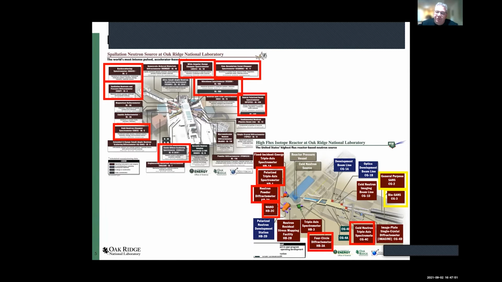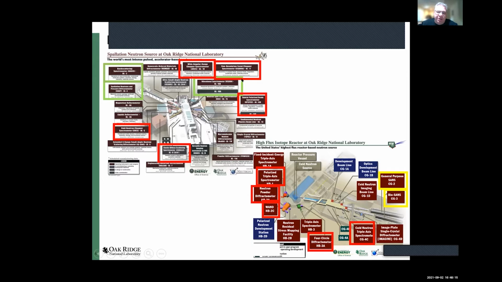To give you an example: general purpose SANS down here in the lower right, and a BioSANS instrument. And we have the neutron backscattering spectrometer, which I'll give an example of, and that is used to measure diffusion in materials.